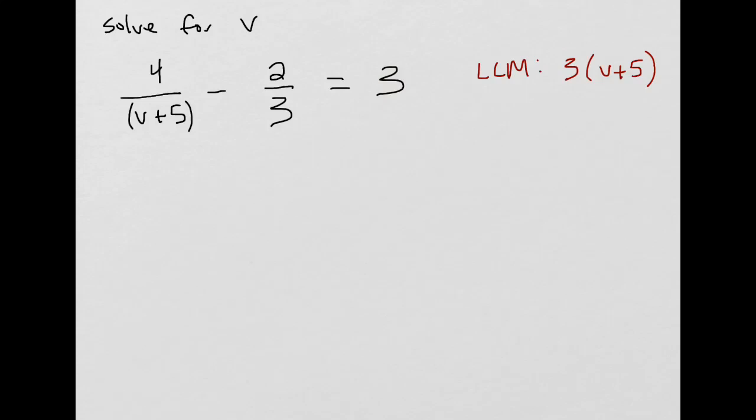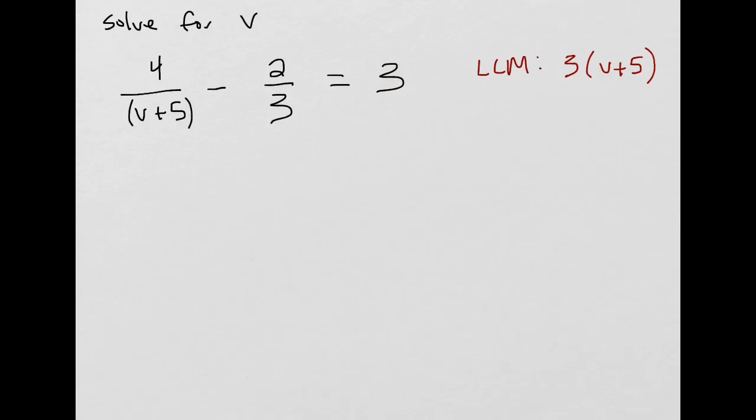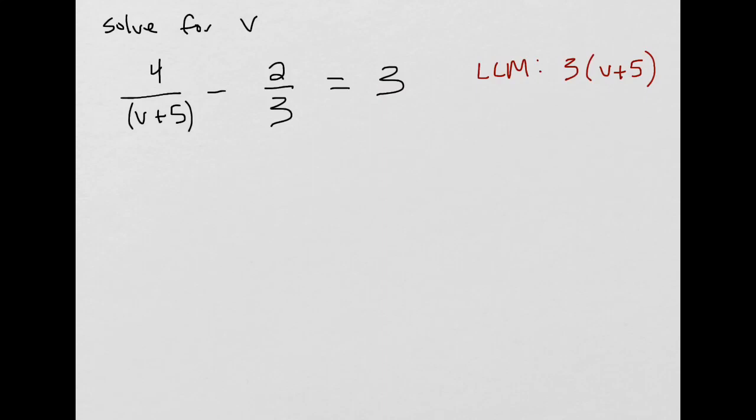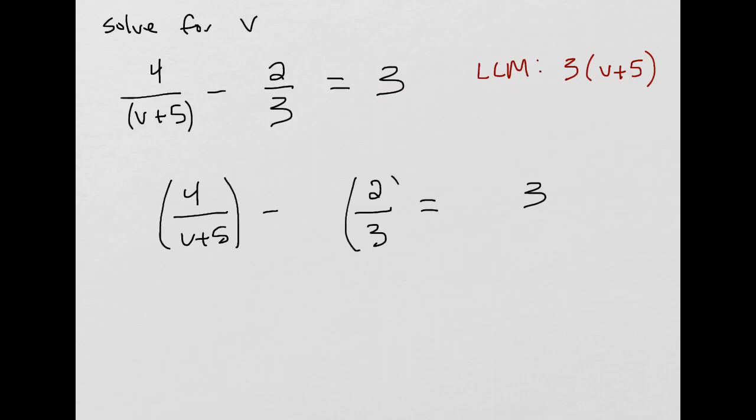Okay, so once we've found that least common denominator, what I'm going to do is distribute that least common denominator all the way through both sides of my equation. So when I distribute, I start by just putting all of my original terms in parentheses. So I've got my first term, my second term, and my third term.